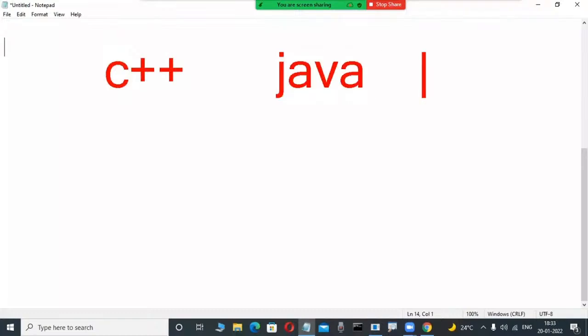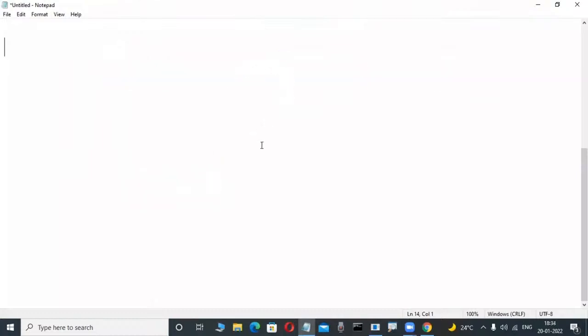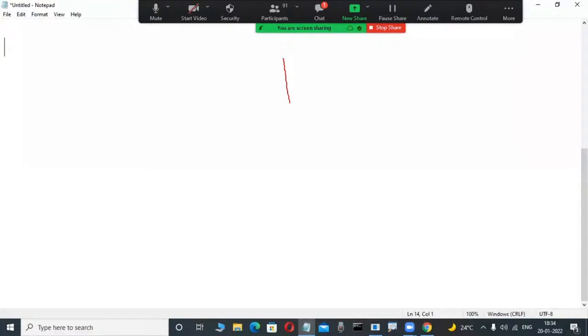C# .NET is an object-oriented language. VC++ is an object-oriented language. So many object-oriented languages are there. Suppose I take two languages as an example. Through that, same concepts are there, and similar concepts we are observing. Are these all SQLs different or the same?